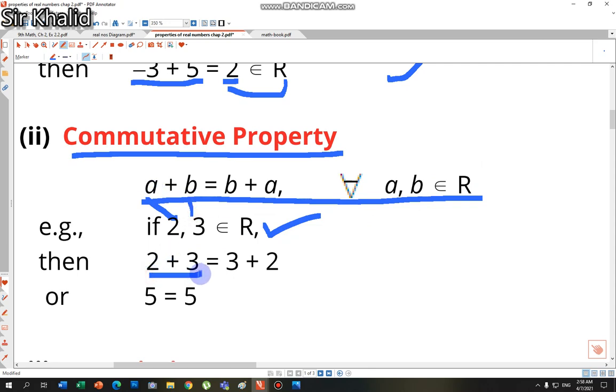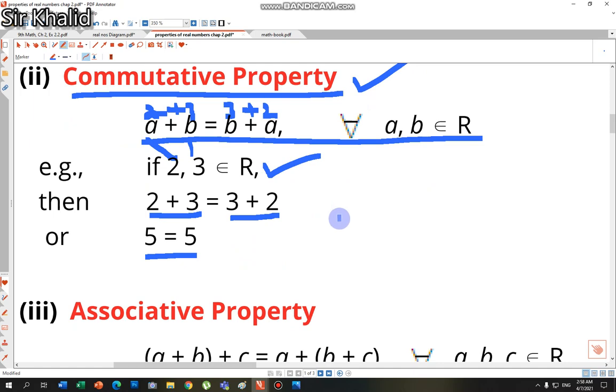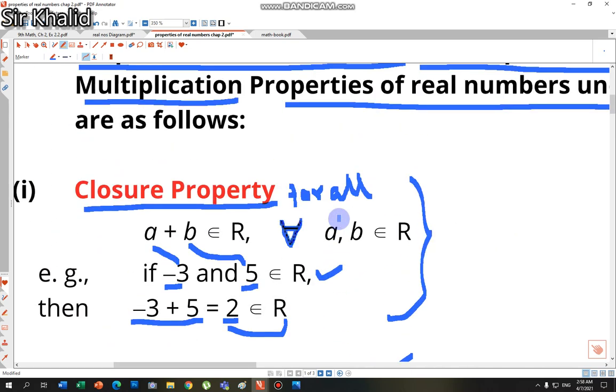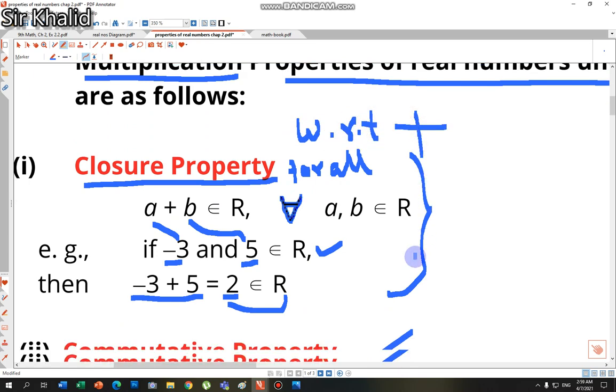If I perform 2 plus 3 or 3 plus 2, the answer will be the same. So it means that the real numbers hold the commutative property with respect to addition.